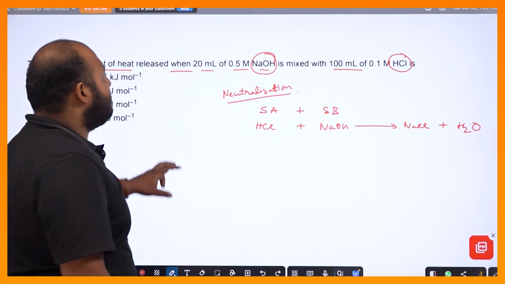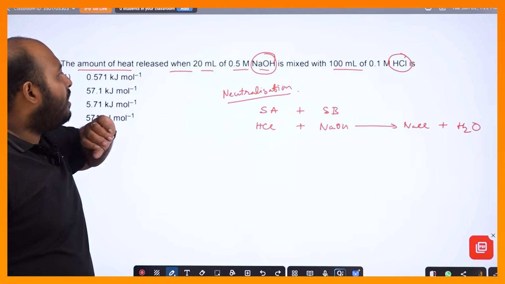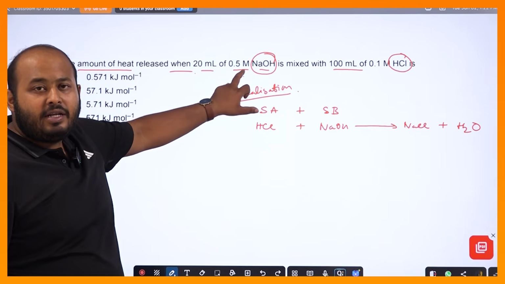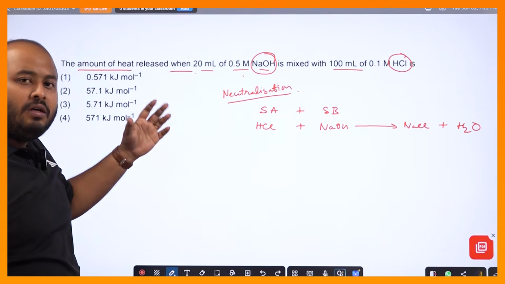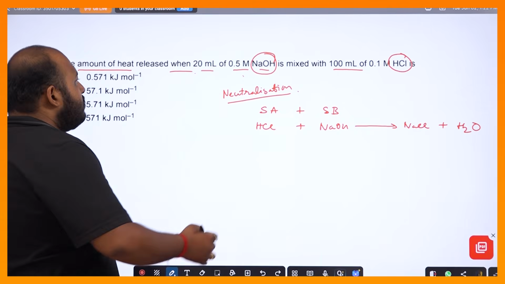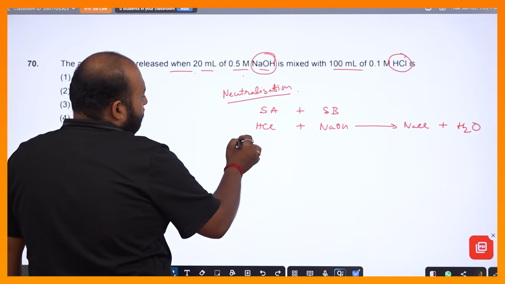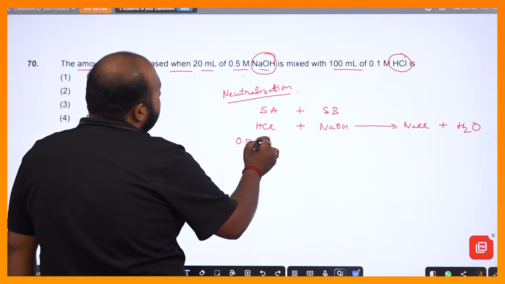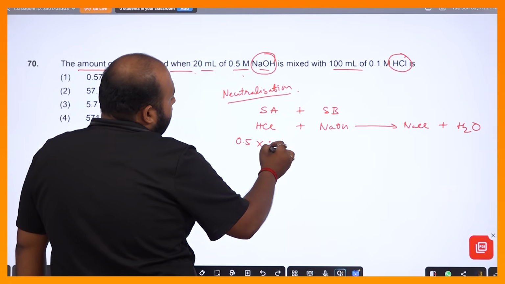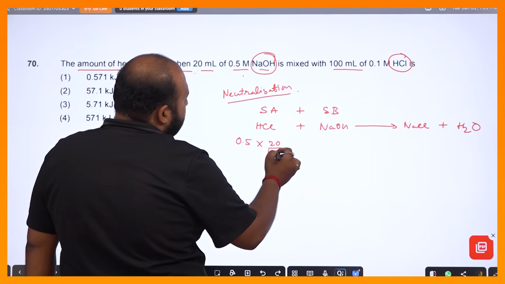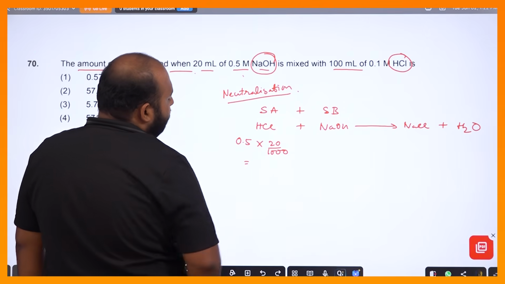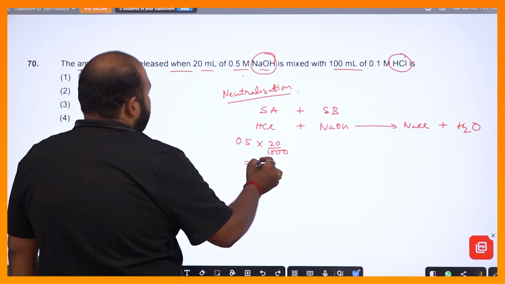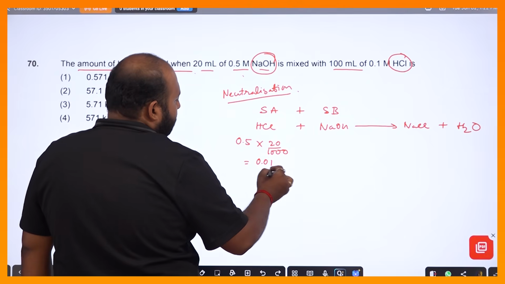The volume and the molarity are given, so let us first find the number of moles. For NaOH it will be 0.5 multiplied by 20 by 1000, so you can see that it is 0.01.